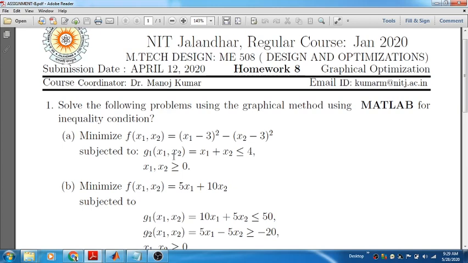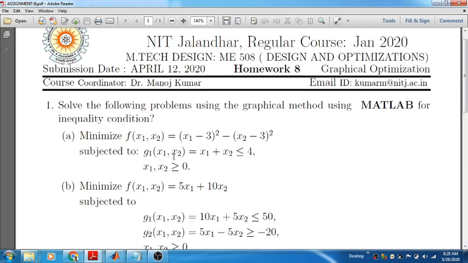For now I am keeping plus, which is the equation of a circle, subject to g(x1, x2), only one constraint here, x1 plus x2 less than 4, and x1 and x2 greater than 0.